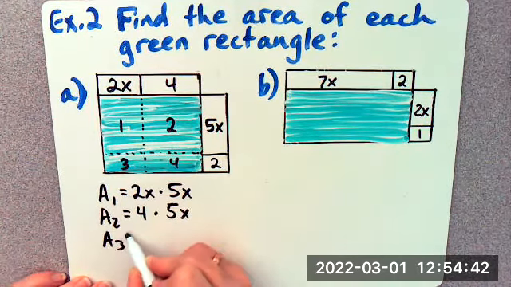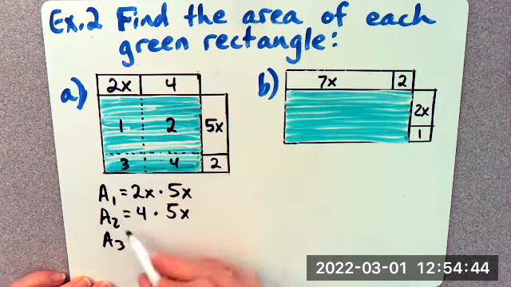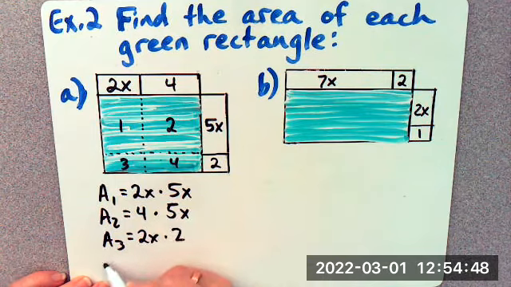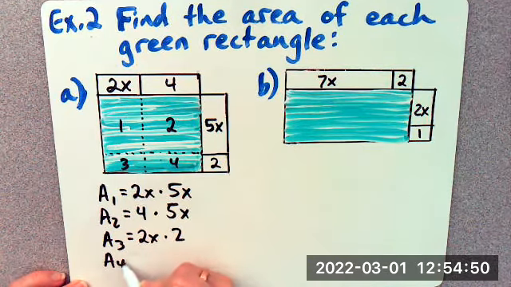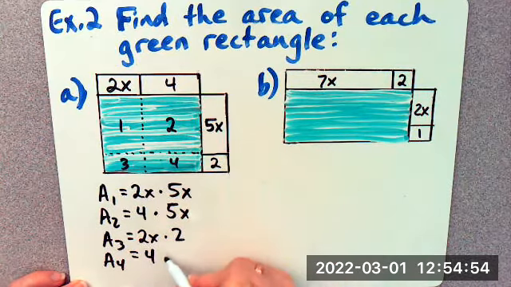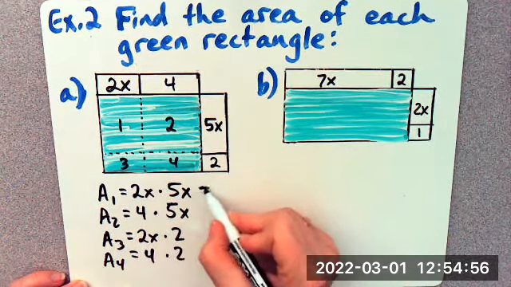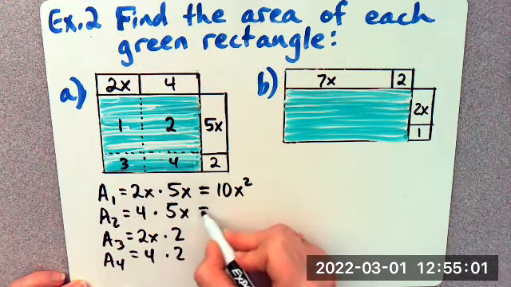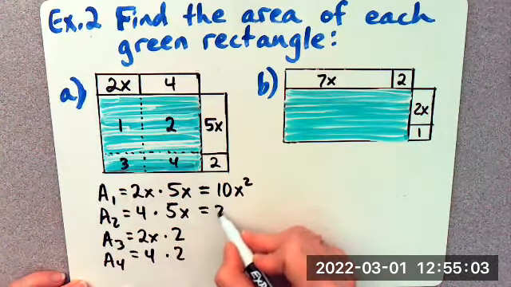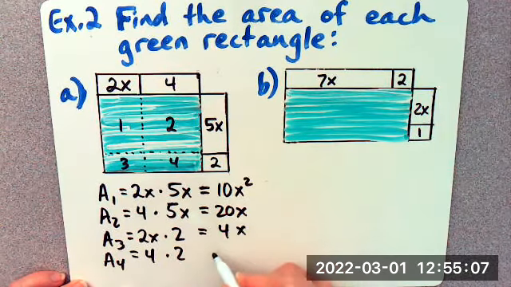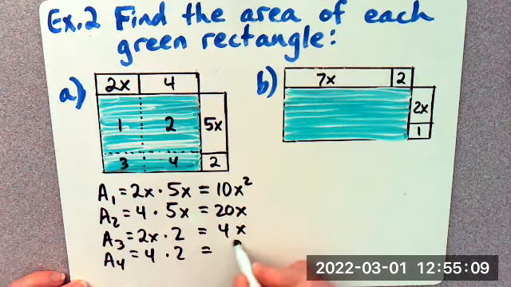Area 3 will just be 2x times the 2, and area 4 will be 4 times 2. So when we multiply this, we get 10x squared, and this will be 20x and 4x, and then we get 8.